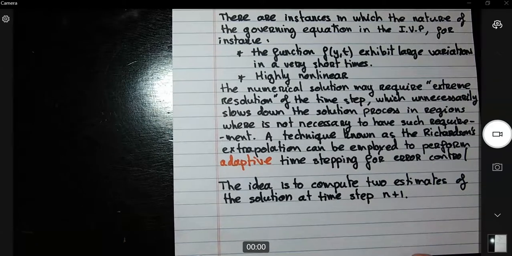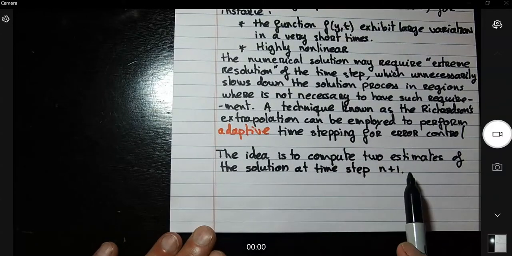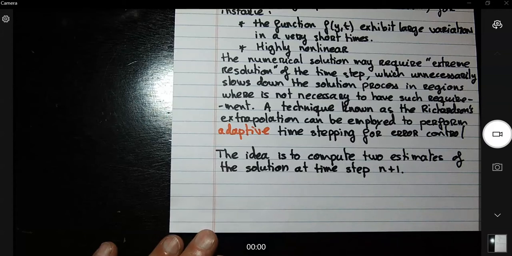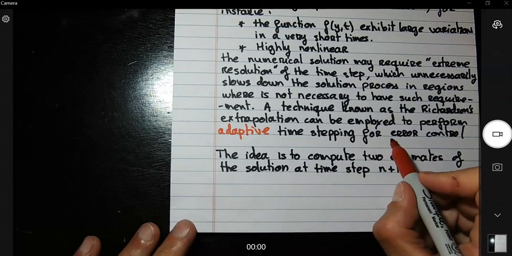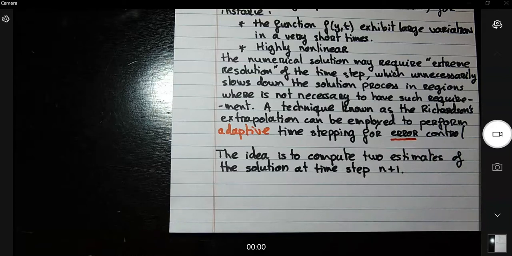Basically, just to give you an idea, in order to predict a certain error, we need to have a solution at a certain time step, let's say delta t. We calculate the same solution at the same time, but for a different time step, and we compare the two solutions. Then you will have some criteria for the error. If it's not satisfied, you have to do the adaptive step. If it's satisfied, you just keep going with the solution the normal way.